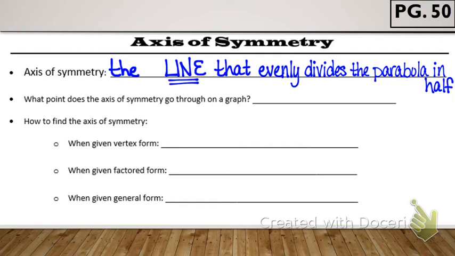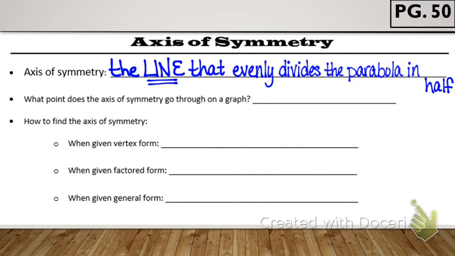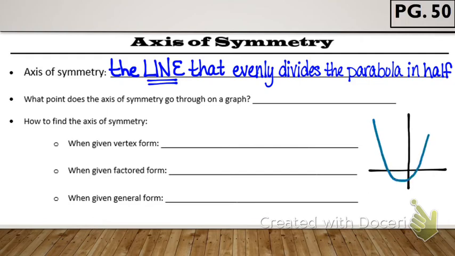So one of the ways I think about this, probably because my daughter's in kindergarten right now, the axis of symmetry is kind of like those dashed lines that you had to cut along when you were learning how to cut. Do you guys remember doing that? Yes. Cut along the dotted lines. So when I'm thinking about a parabola, like this, if this is my parabola here, the axis of symmetry has to cut it exactly in half.